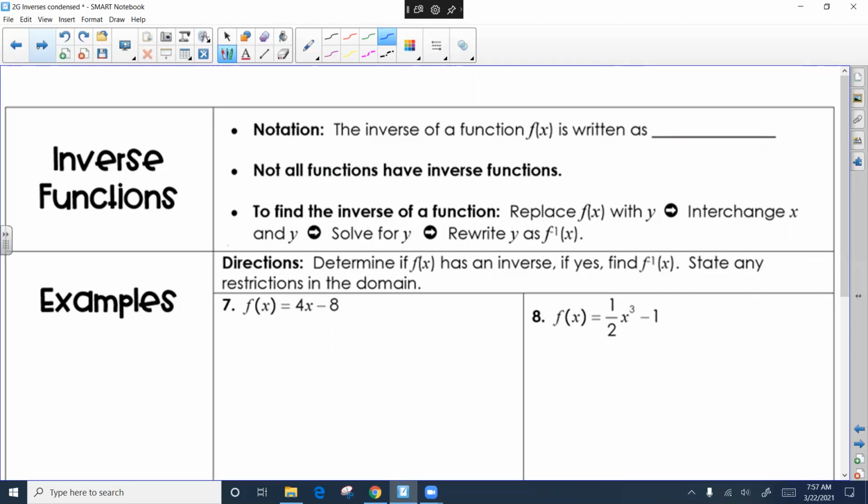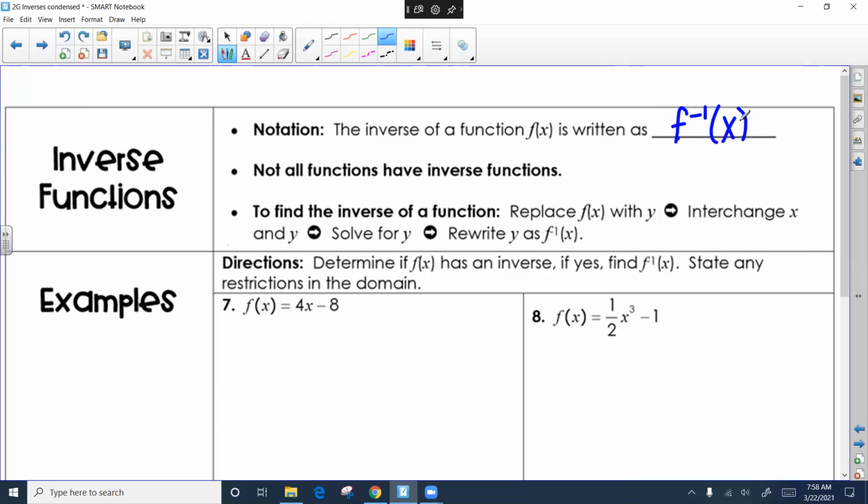Okay, so the notation, again, this is where we have to know what we're being asked, so we have to recognize what the notation is. The notation of an inverse function, when we use function notation, f of x. For the inverse function, we still use the f, but on the f, we put a little -1, like we did with the relation.